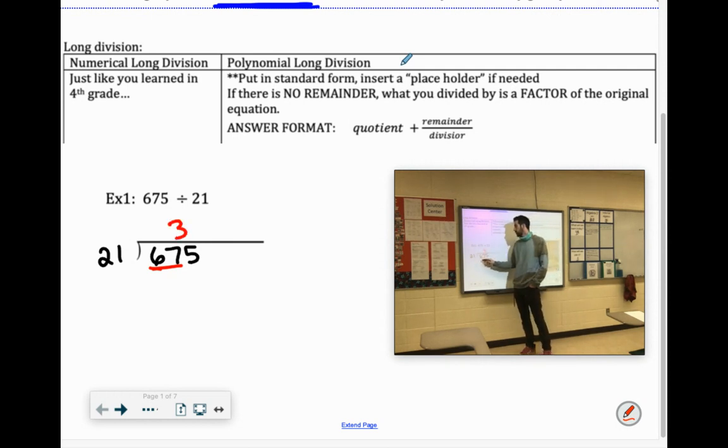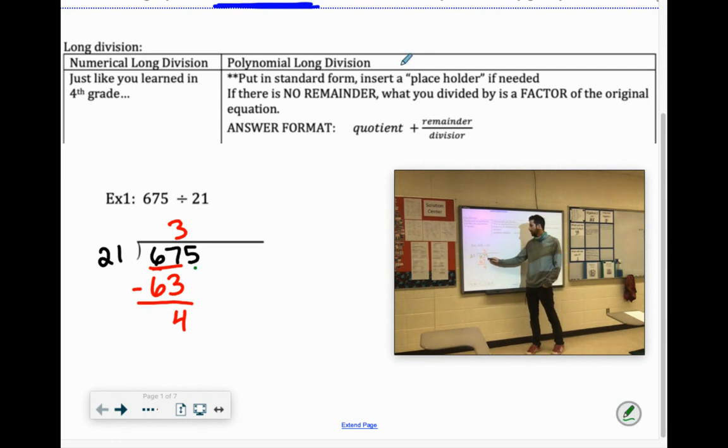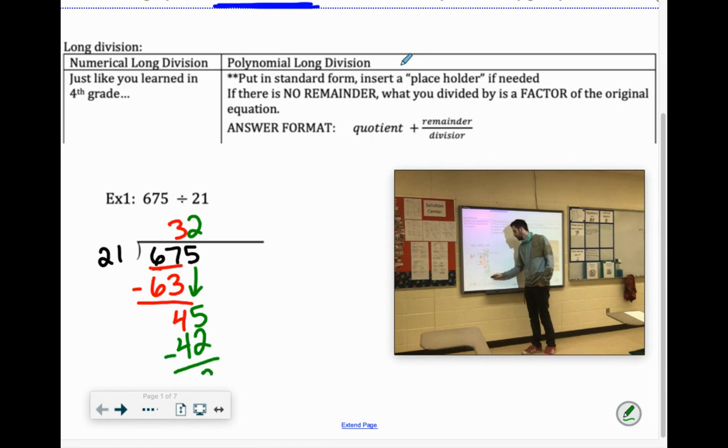So 3 times 1 is 3, 3 times 2 is 6, and then remember you subtracted that from up above. So 67 minus 63 was 4. And then you bring down the next digit, the 5. How many 21s can go into 45? 2. 2 times 21 gives us 42. And we subtract it, which gives us 3.